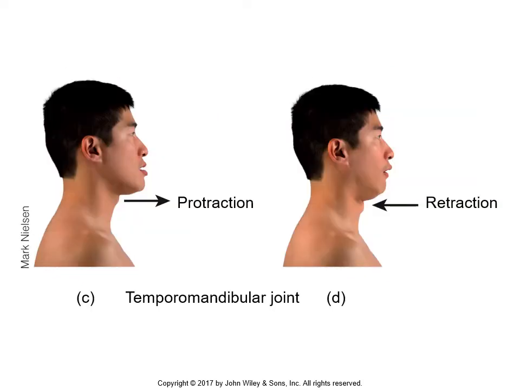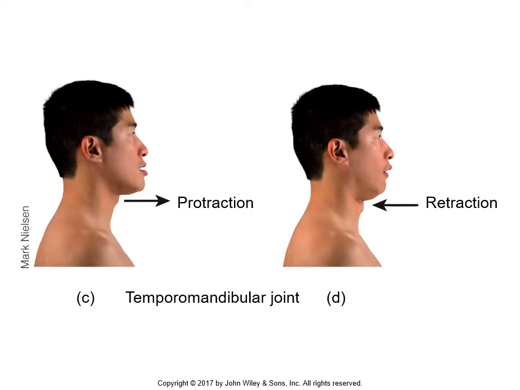Protraction and retraction. Same thing here. If I take my chin and stick it outwards, that's something called protraction. In the same token, if I attempt to pull my mandible backwards to give myself a double chin, that's something called retraction.